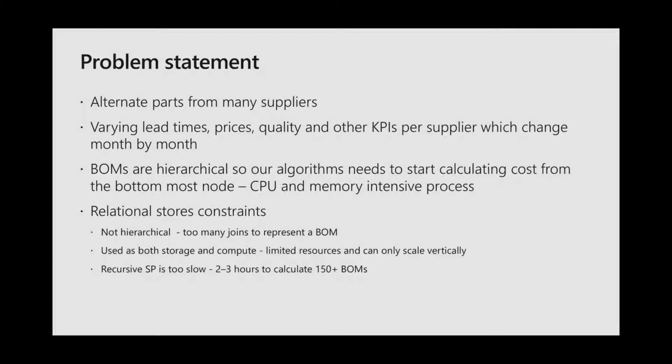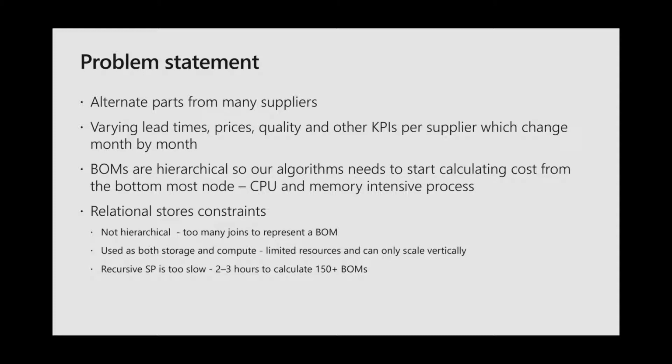Like I said, you have alternate parts from many suppliers. They have different lead times, different pricing, different quality measures. These measures also change over time on a monthly basis, for example. And then the crux of everything, the BOM, the bill of material, is hierarchical in nature. What we were doing in the past is representing it using a relational store.